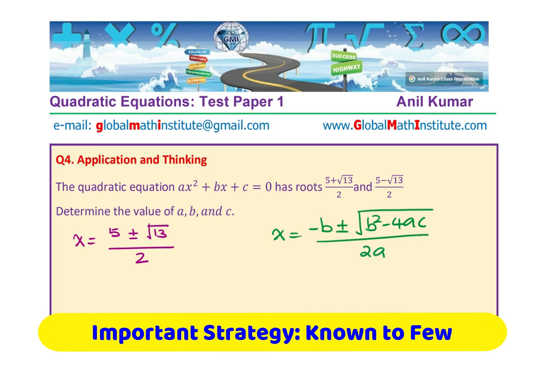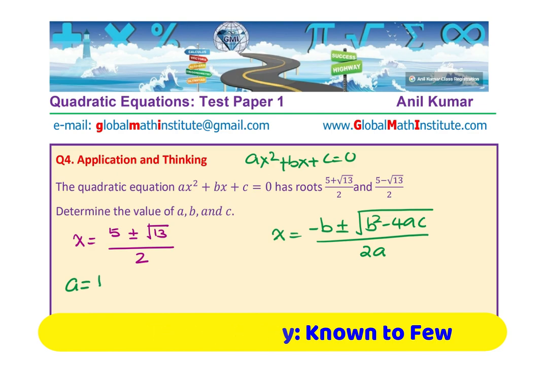Do you see that? If my equation is ax squared plus bx plus c equals 0, that is the solution. So if you compare, then what is a equal to? Denominator is twice a, right? So we get from here that a should be equal to 1, right? And b. Minus b is 5, and therefore b should be minus 5. Correct? So we got two of the values.